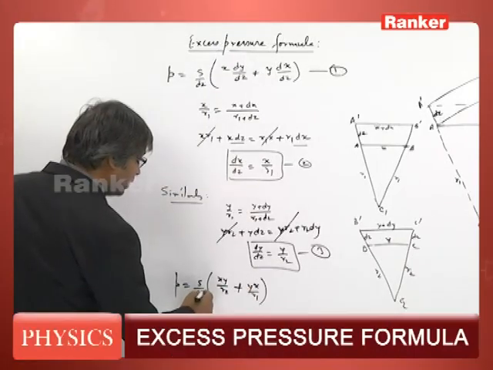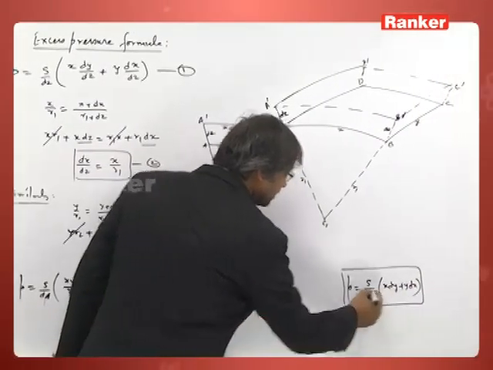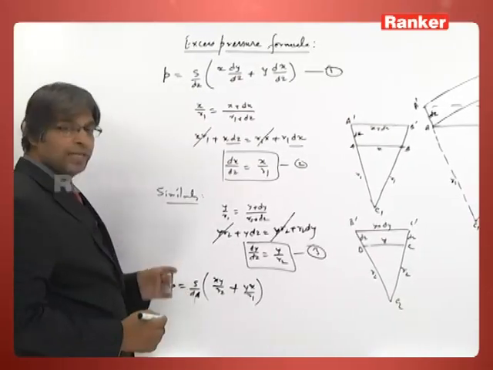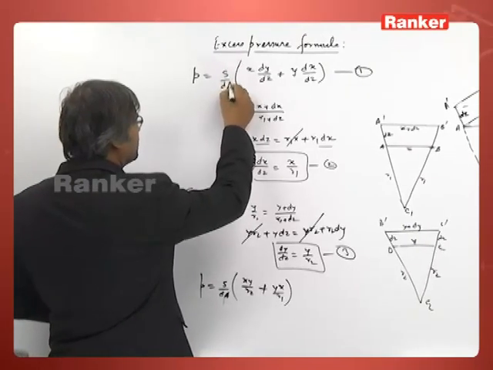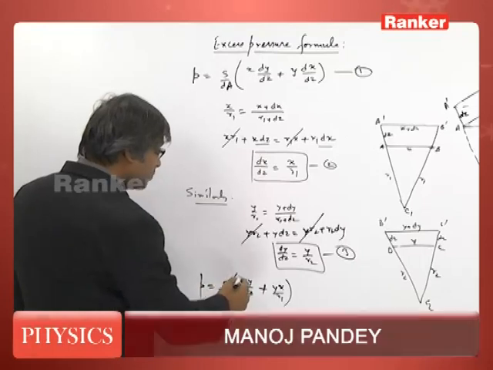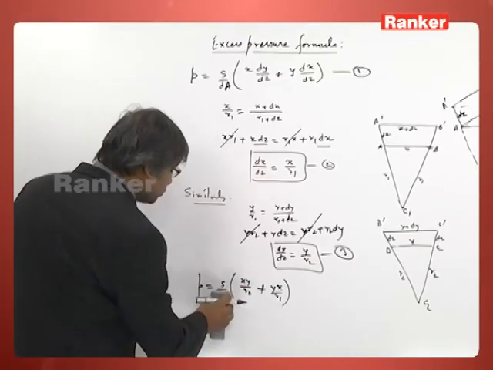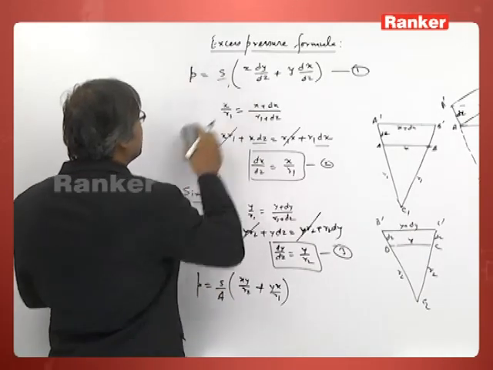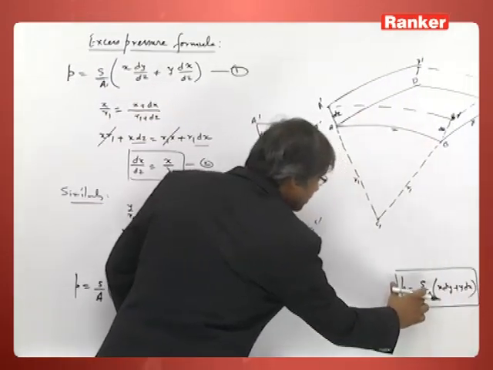Excess pressure into area. So the work done is excess pressure into area. This is a small mistake: we should not write dA, it is actually area.